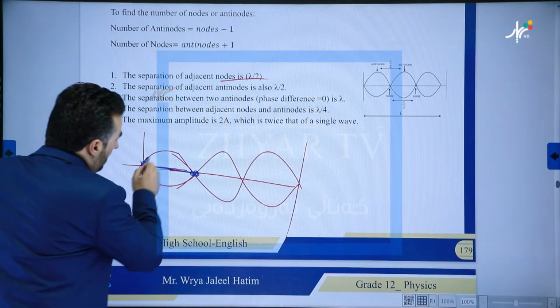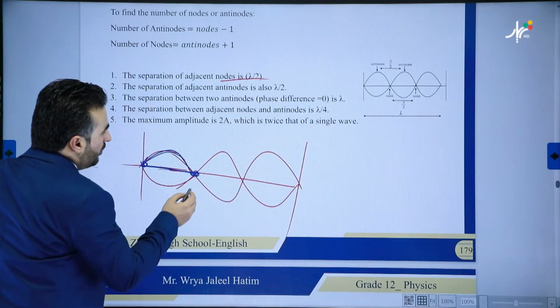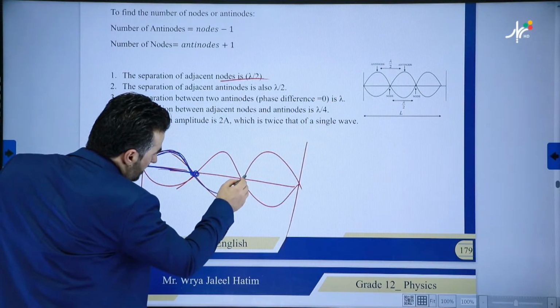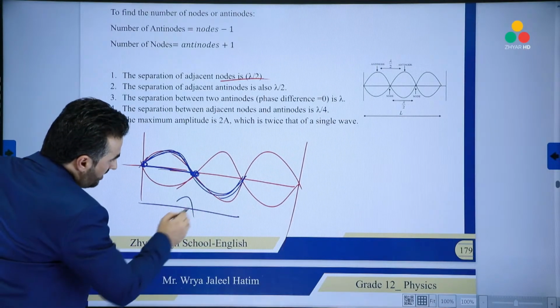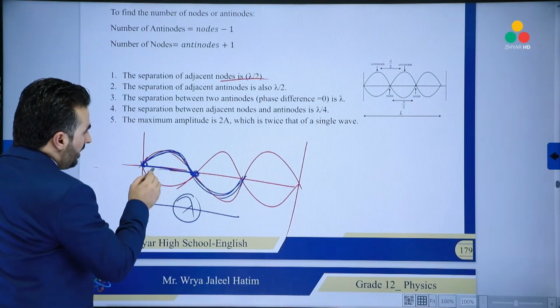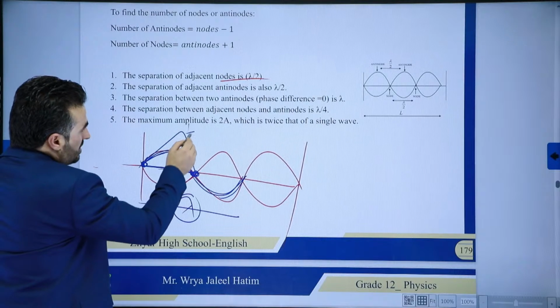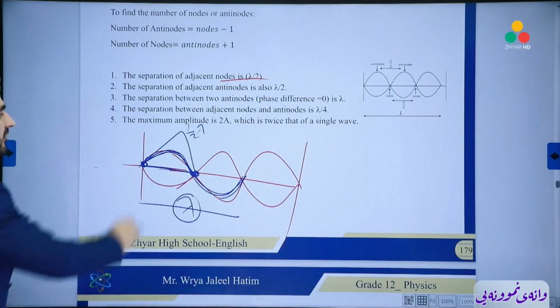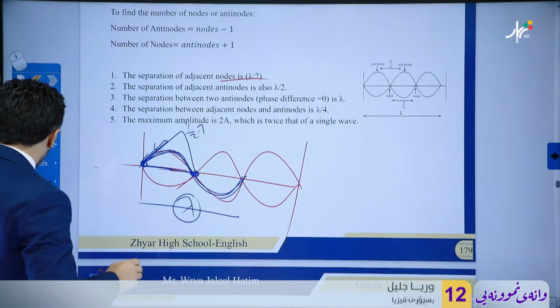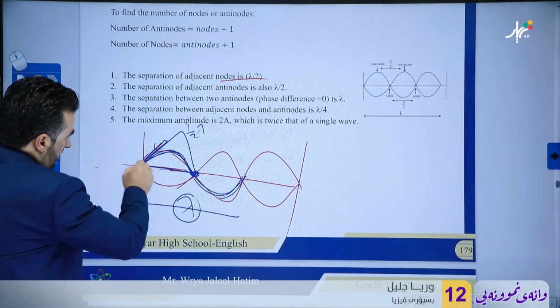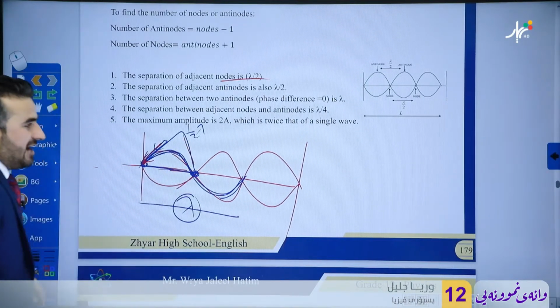If we complete this one here, then of course we get one complete wavelength, yeah? This is one wavelength. But if we consider these two here, this is only half a wavelength. So this point and this one is half a wavelength.